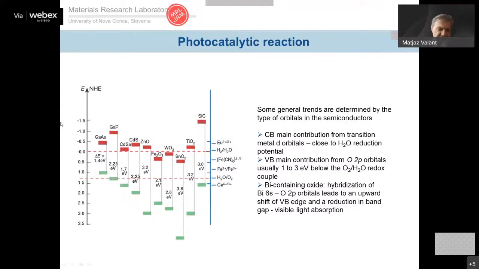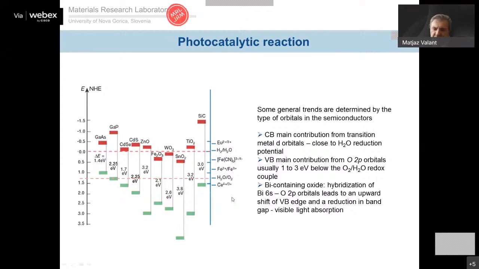So here you see a number of semiconductor materials and their band gaps and the position of their valence and conduction bands. So you see, we can choose among quite a lot of materials. There are some specific trends. I wouldn't like to talk about this because it's just orientational and it's not so important really.